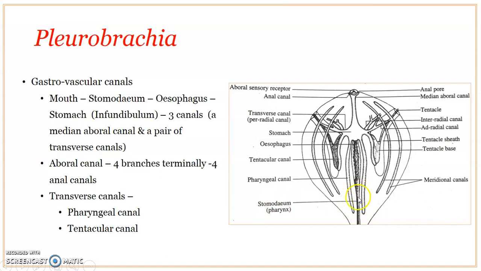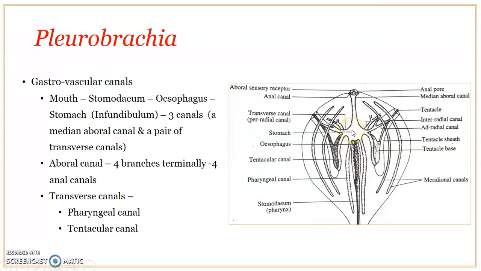The inner wall of the stomodium is highly folded, and this stomodium or pharynx further runs upwards towards the aboral pole, and over here you can see a very short esophageal region. It is a very short, narrow tube, and this esophagus opens into the stomach region.